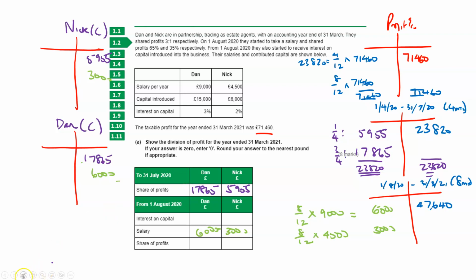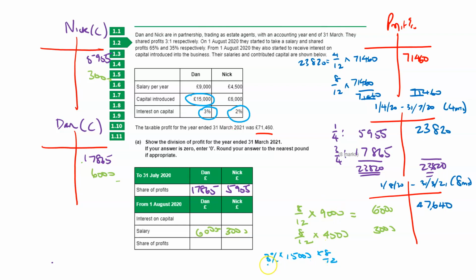Just change my pen color again. Then the next task tells us to look at interest, and if we look at interest again, we can't forget the fact that these are annual figures, these are annual interest amounts, right? So what we are saying, of course, for Dan, first of all, is that we're looking at 3% times 15,000, because that's his capital, but only for 8 months, right?